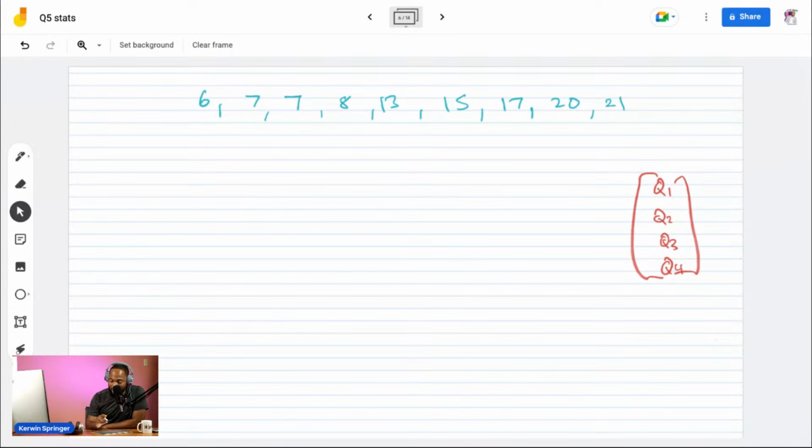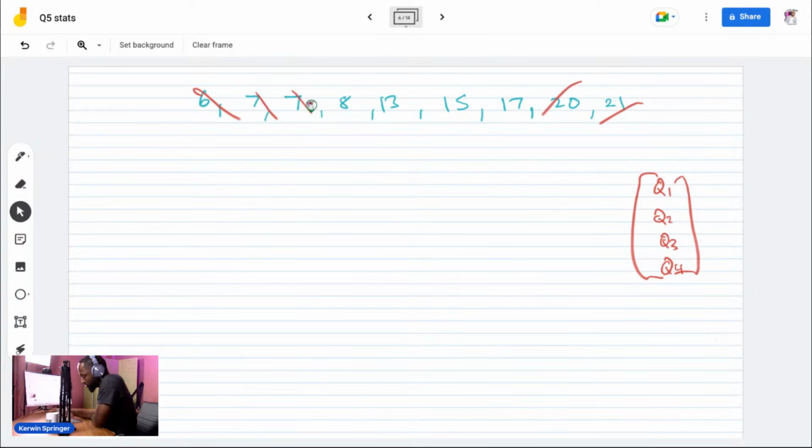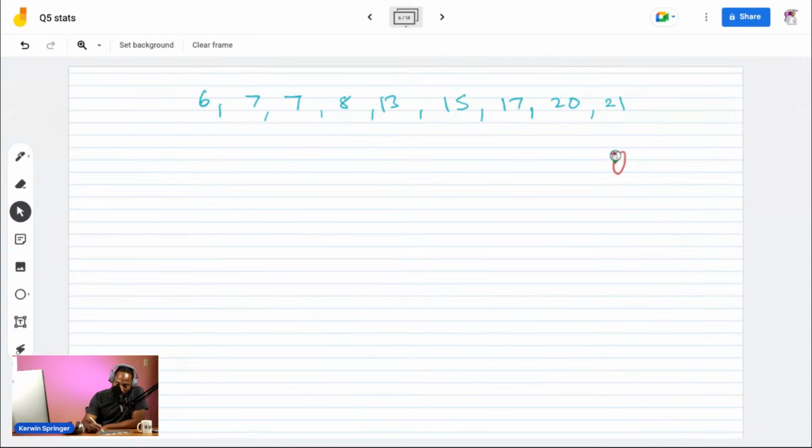So the middle value, you all remember to do this cross, circle that you did. 13. But what we're saying is that the middle value can be found using this formula. We could call it Q2.